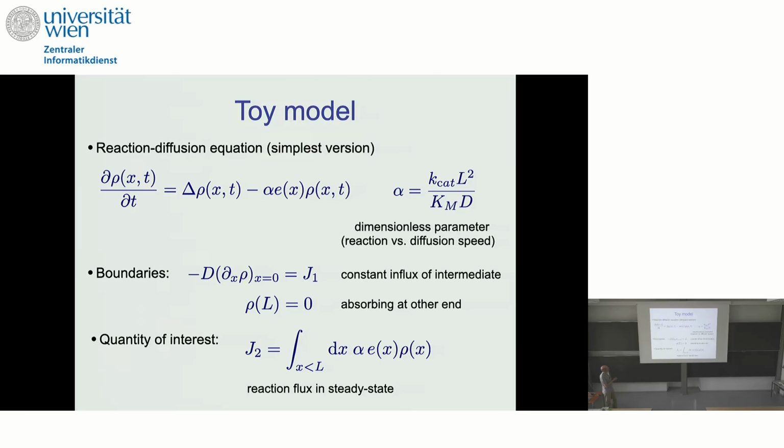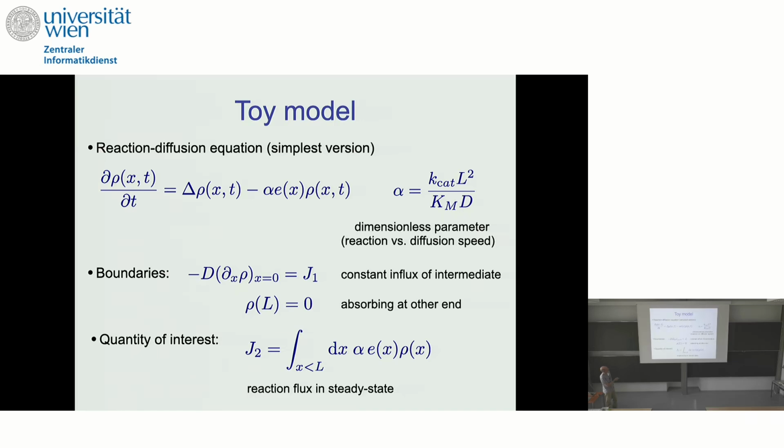But now you can choose this function freely in order to optimize the flux. And the quantity of interest is this total reaction flux in the steady state, which is just a simple integral of the distribution of the enzymes over the steady-state solution for the intermediate product. So for a given e of x, you have to find the steady-state solution of this PDE here.